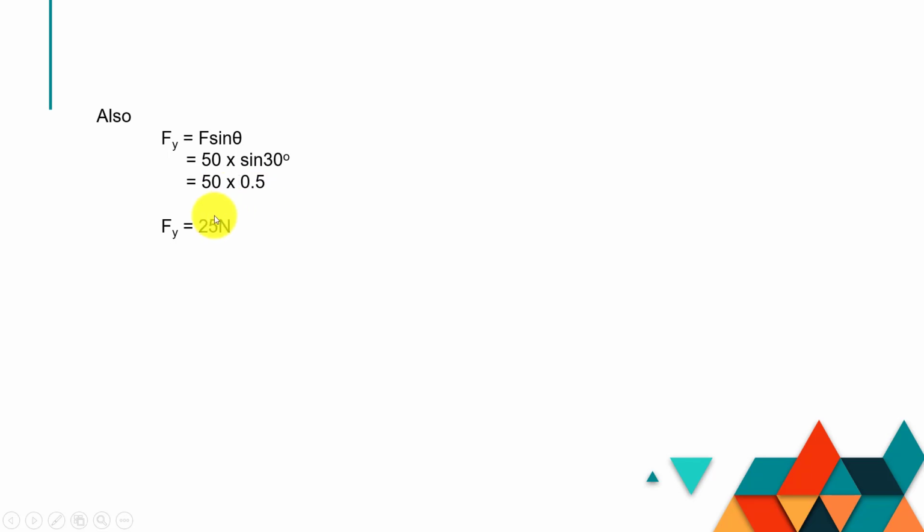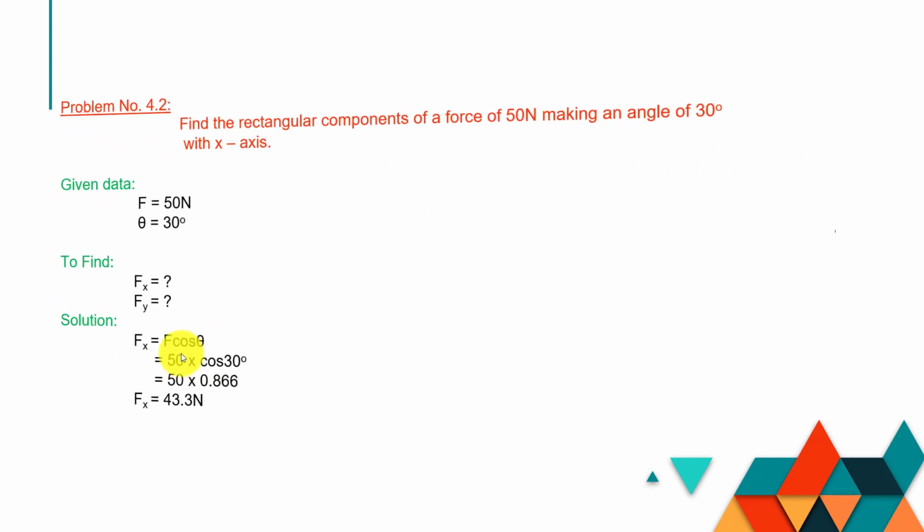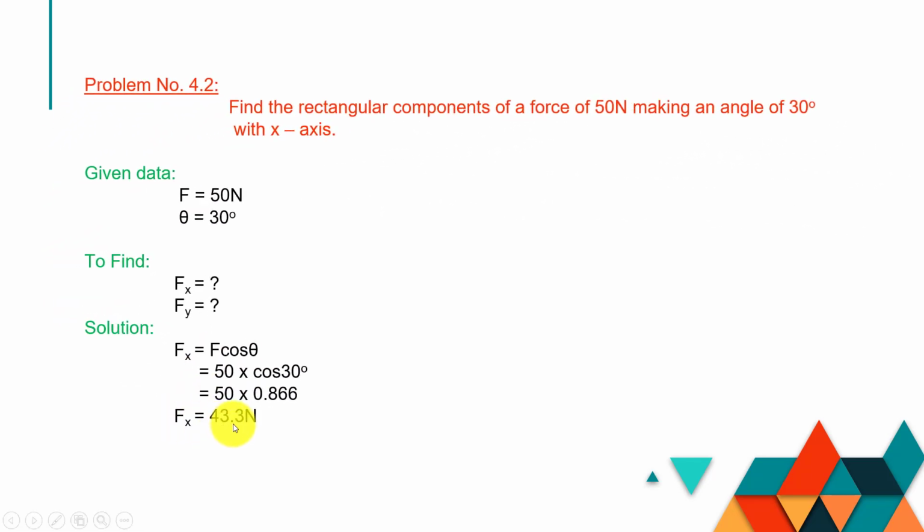After multiplication, we get Fy equal to 25 Newton. So we have calculated the values of both the rectangular components of the force as Fx equal to 43.3 Newton, while Fy is equal to 25 Newton.